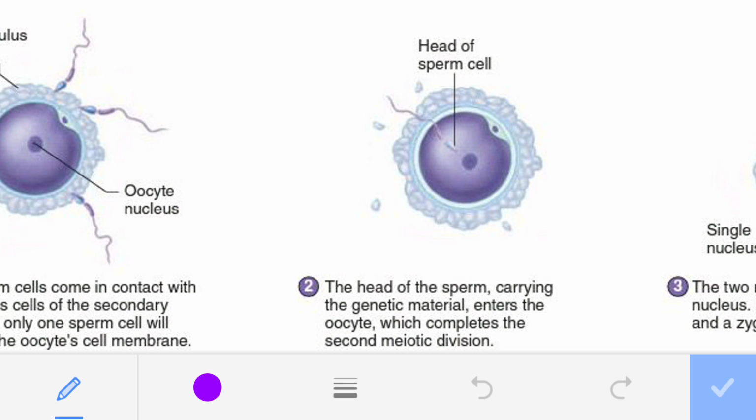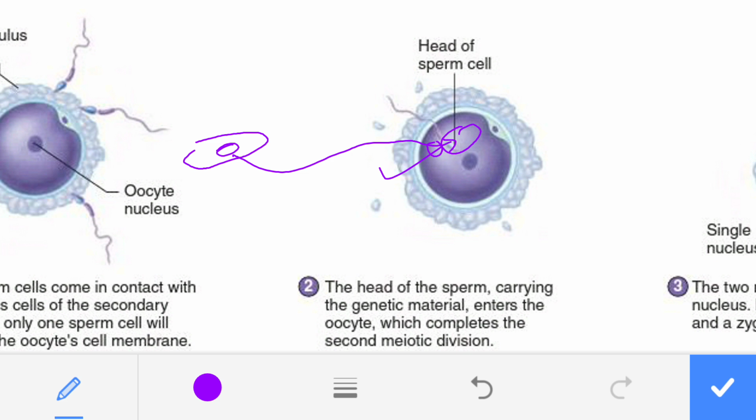Only one sperm is able to penetrate the secondary oocyte, and in the process of fertilization the nucleus of one sperm enters. Okay, so the nucleus is entering the secondary oocyte, and this nucleus swells in the secondary oocyte.